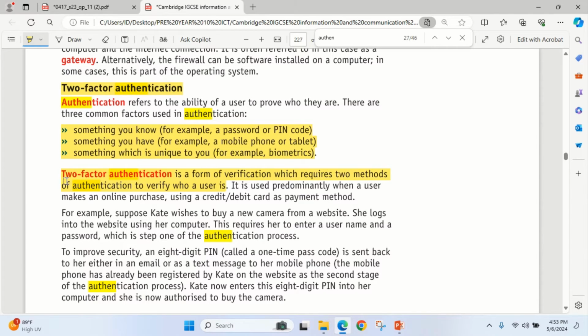So for two-factor authentication, it is a form of verification which requires two methods of authentication to verify who a user is. So that is exactly what we mean by two-factor authentication, like adding an extra layer of security to your data. That is what two-factor authentication is all about.